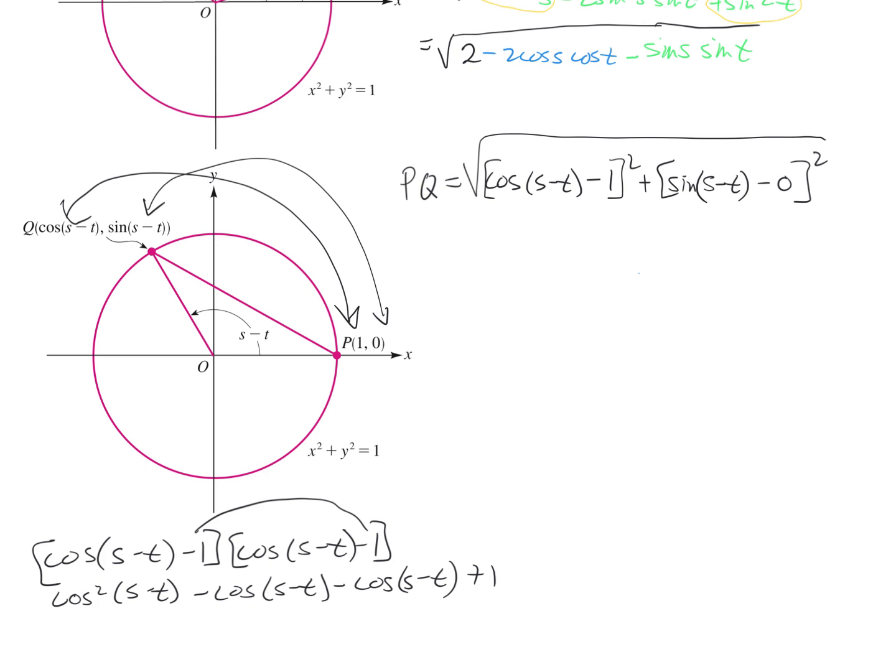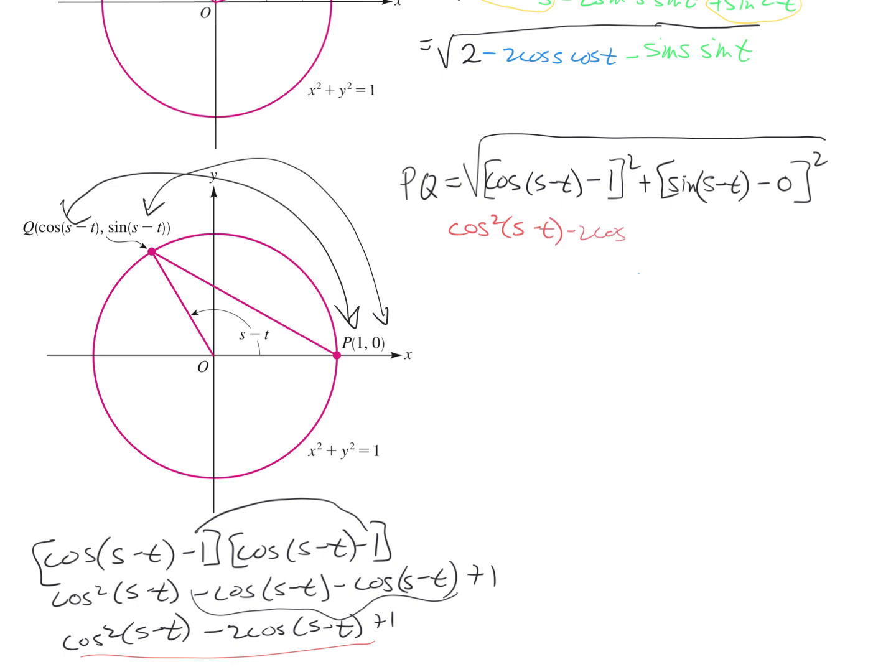And then what can we do here? We have minus 2 cosine of s minus t, plus 1, plus cosine squared of s minus t. So there it is. I'll put it up here in red: cosine squared of s minus t minus 2 cosine of s minus t plus 1.